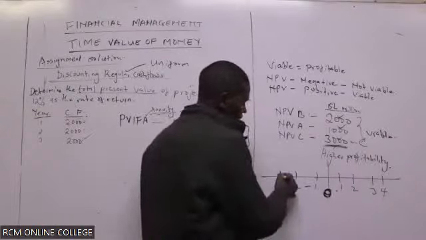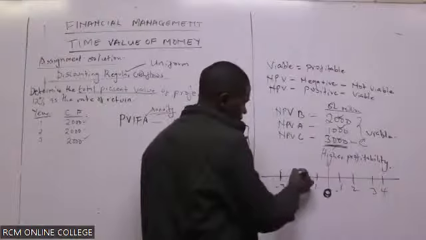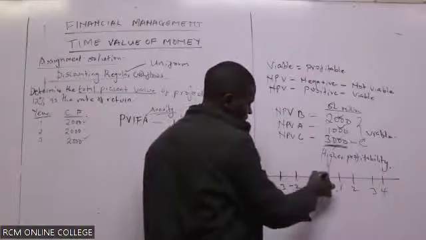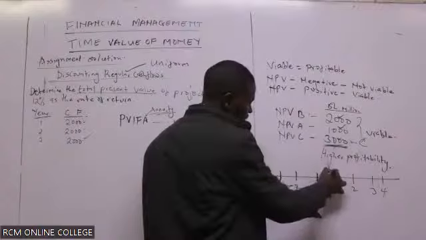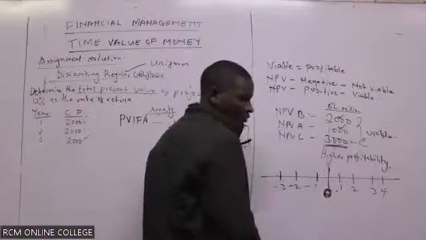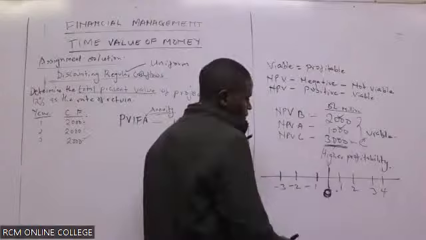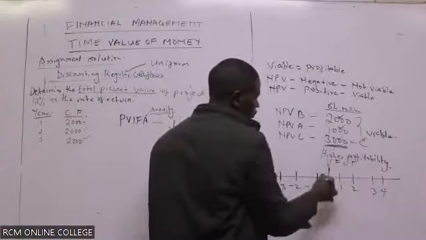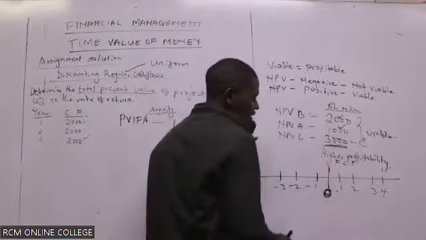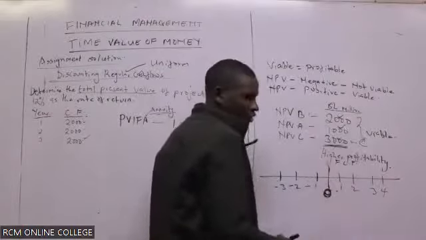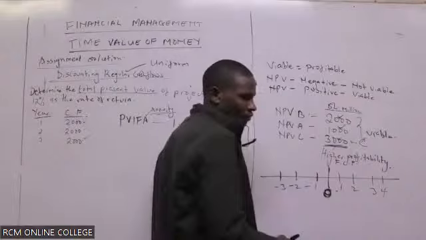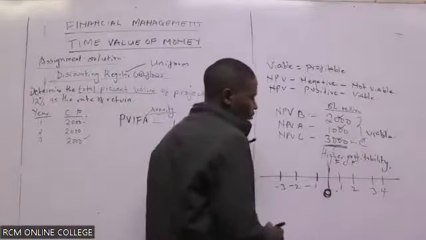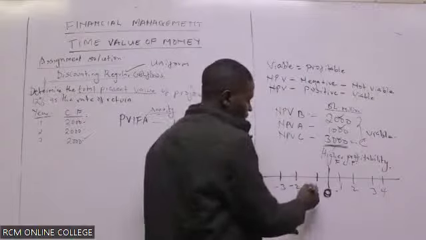We have future value or future cash flow, and we want to bring it into the present. So what will we be doing? We go backwards.